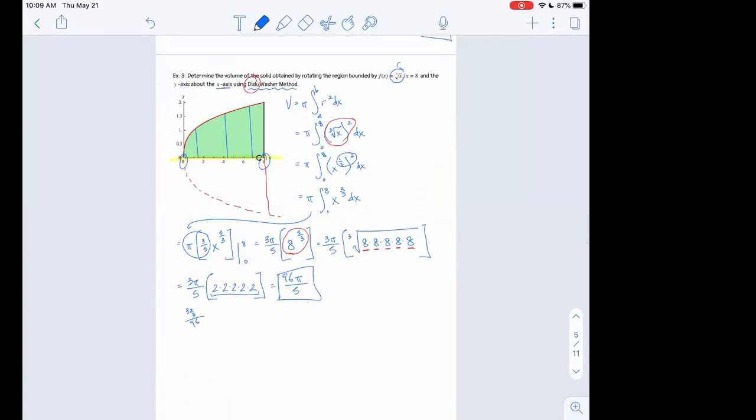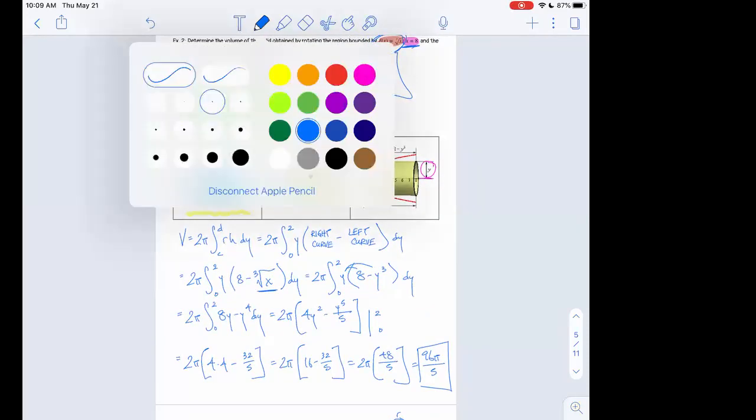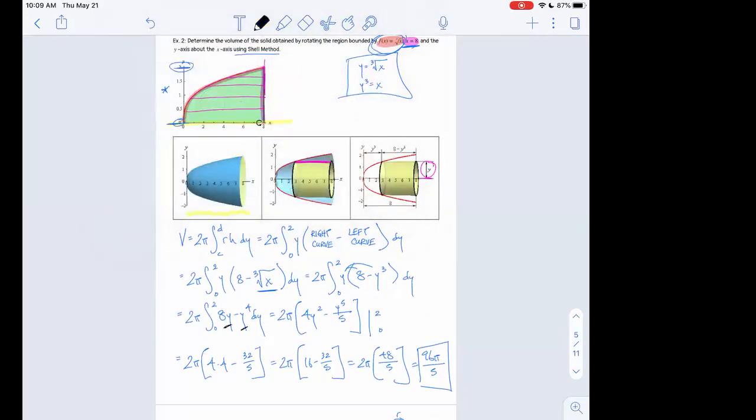And then with the shell method, we have to use the radius, right curve minus left curve. Yeah, so there were like 2 terms here that we ended up having to integrate. I could see that being like, oh, I really only just would rather work with 1, not with 2, so I'm going to pick disk and washer. Okay. What else do people see? What makes one feel a little bit more accessible than the other?